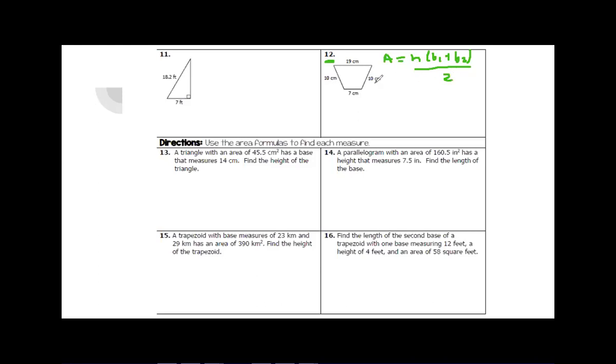Now just looking at this picture, I have two bases, the 19 and the 7, but I don't have a height. So I have 19 plus 7 times h divided by 2.